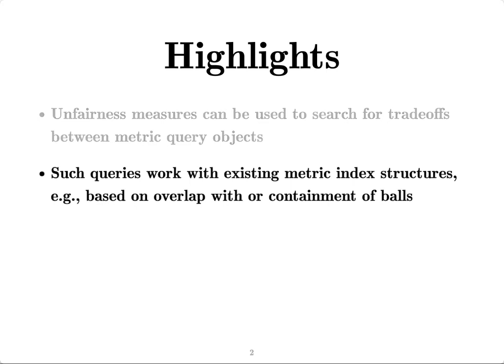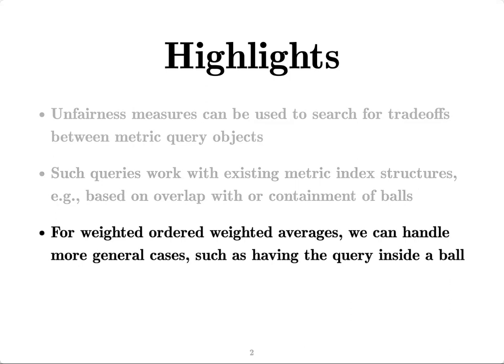And an important aspect of this is that these queries can be used on existing metric index structures without changing them in any way. You simply have to adapt the query procedure slightly, but not much really.